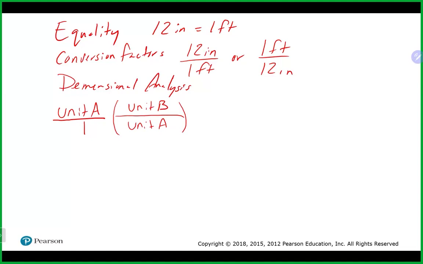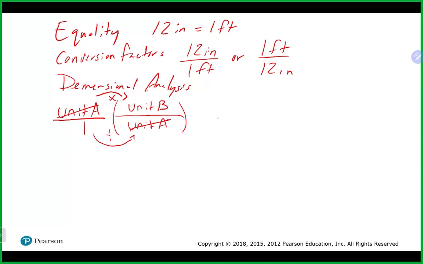What we do mathematically when we set it up like this is anything that is up on top does get multiplied, and anything on the bottom gets divided. Because opposites cancel, all you have to remember is to put things in opposite locations. Because when we divide unit A by unit A, it becomes 1 and cancels each other out in this particular case.